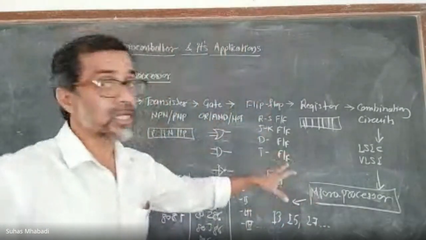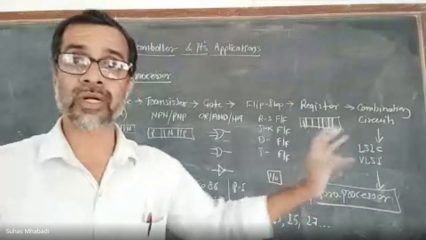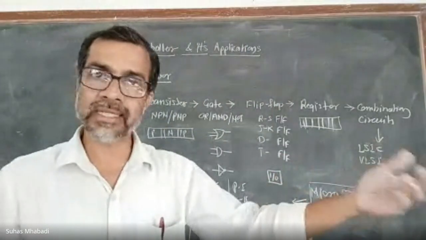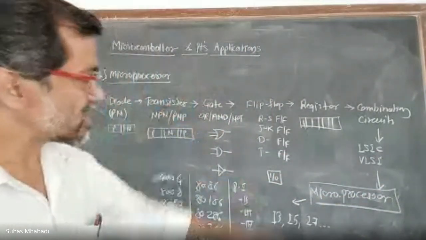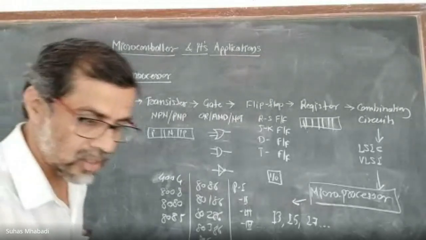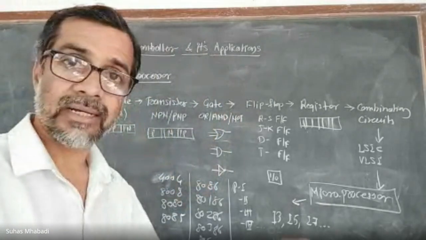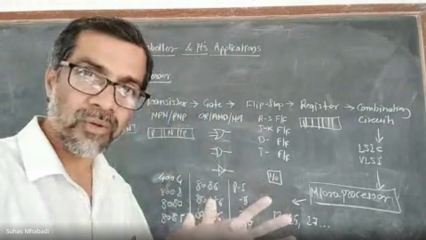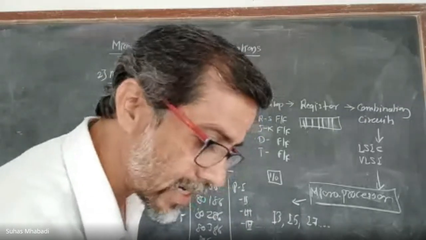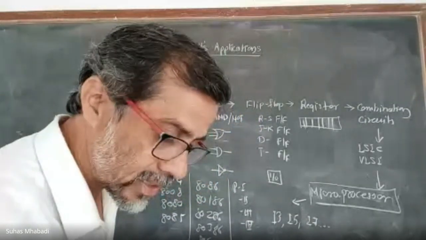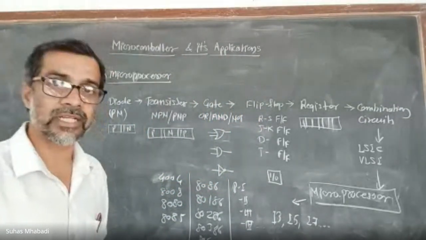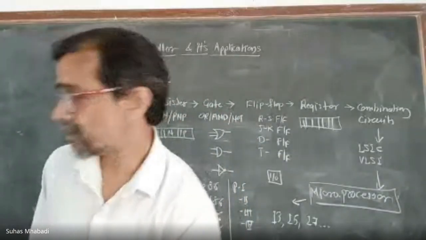How to convert the microprocessor to a microcontroller, probably we will see in the next lecture. This is just a look at the area, or a background to understand this subject, MCA, microcontroller and applications.